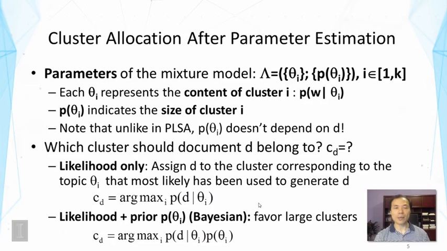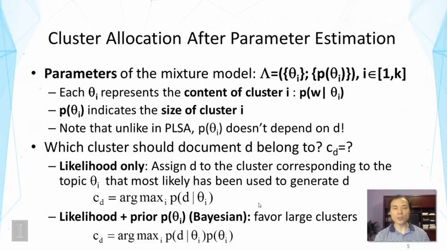And so a better way is to use the likelihood together with a prior. In this case, the prior is P of theta i. And together, we're going to use the Bayes formula to compute the posterior probability of theta given D. If we choose theta based on this posterior probability, we would have the following formula that you see here on the bottom of this slide.